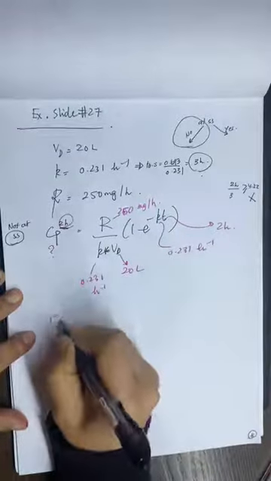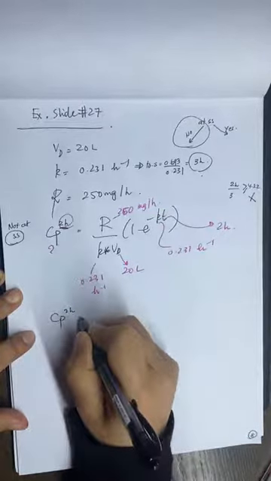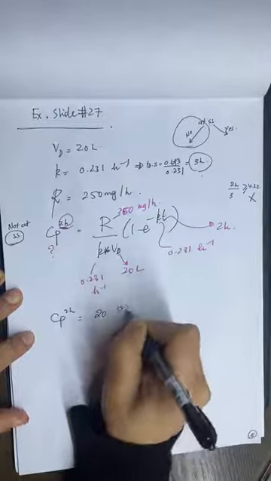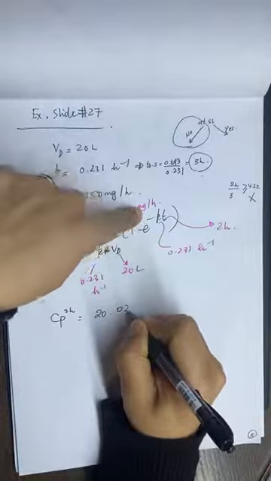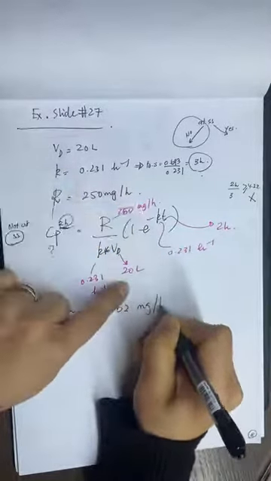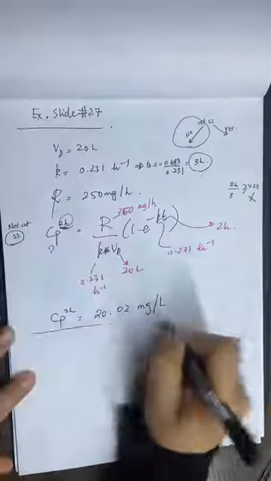Then the concentration that you'll have is equal to 20.02 milligram per liter. And this is your first question.